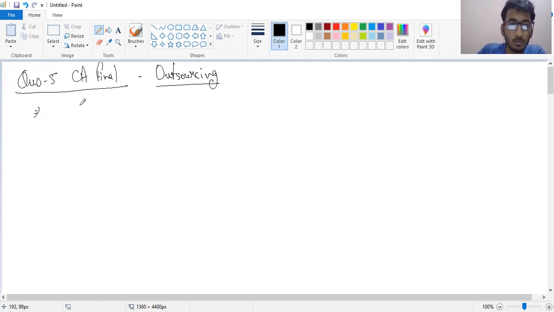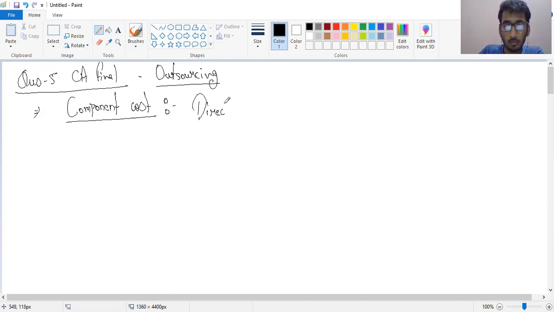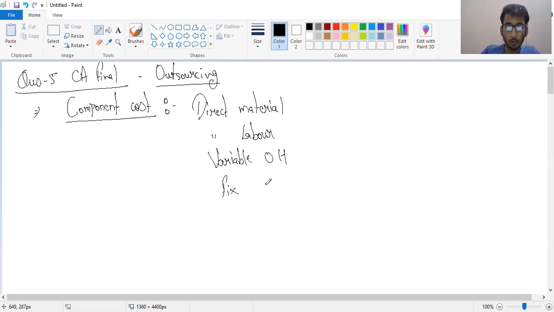Component cost: direct material, direct labor, variable overhead and fixed overhead.